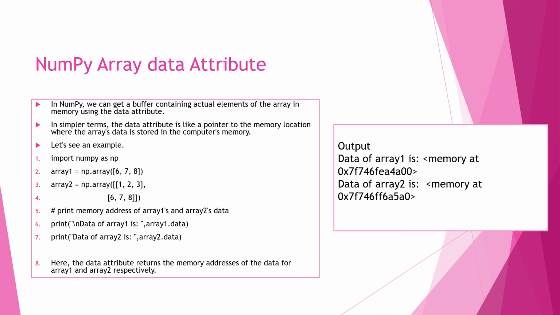So array 1 contains 3 elements, and array 2 contains a 2 cross 3 matrix. We are printing the memory address of array 1 and array 2. The memory address of array 1 is printed over here, and then the memory address of the second one is printed over here. So it returns the memory address of the data for each array.